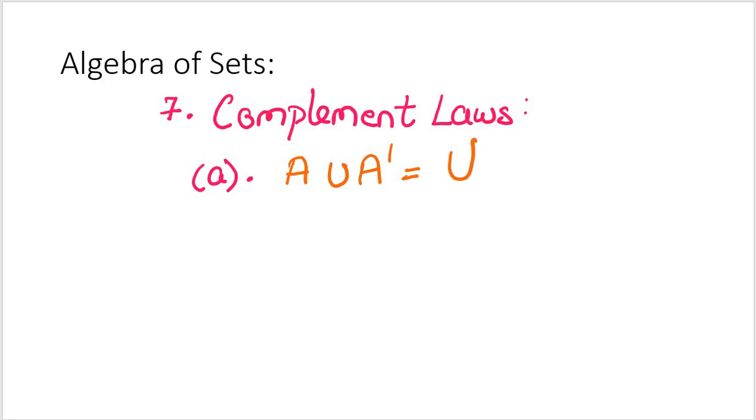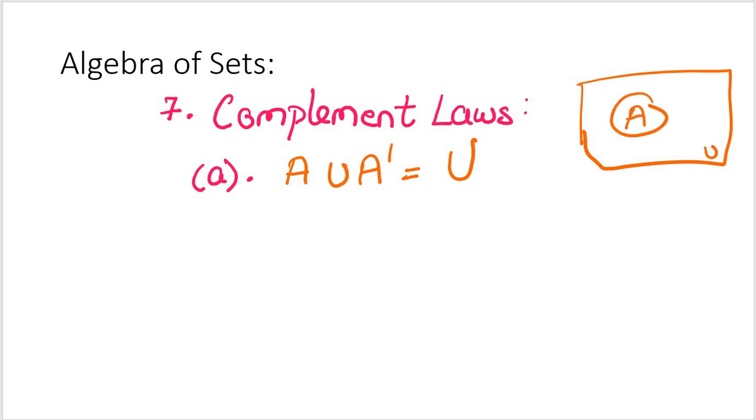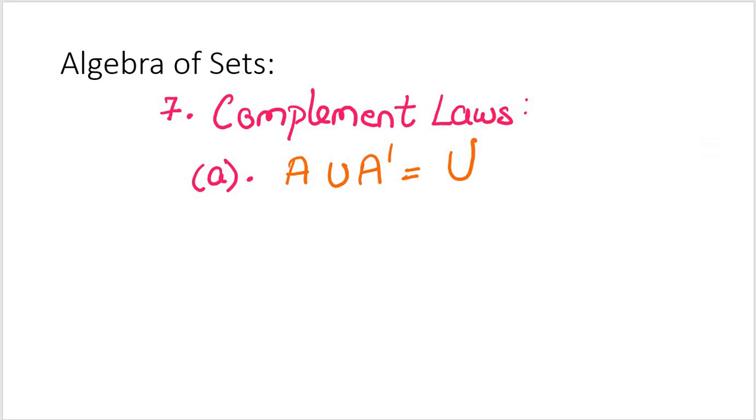That means I am doing the union, and A has some elements and A complement has all the elements which are there in universal set apart from A. So if suppose I have to draw the Venn diagram, this is universal set, this is A, and outside it I have A prime, so I am summing it. So what I am getting is entire universal set. That's what we see in this particular law.